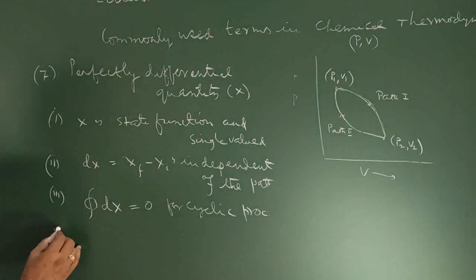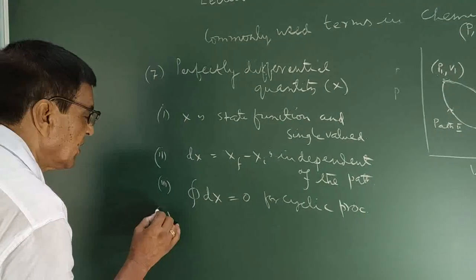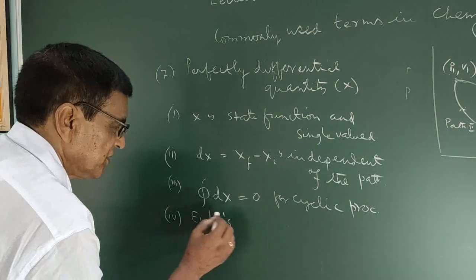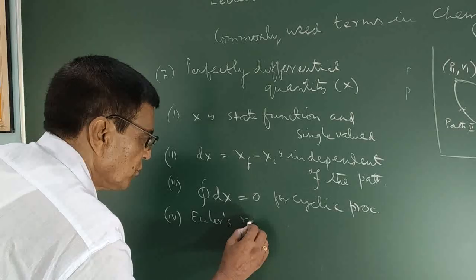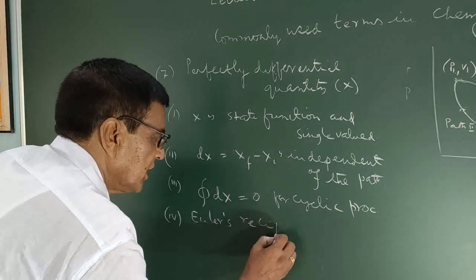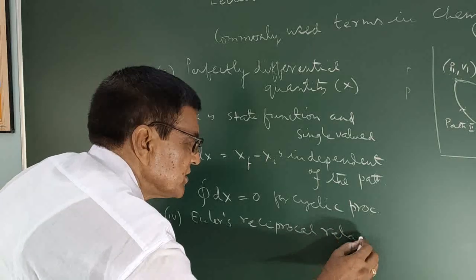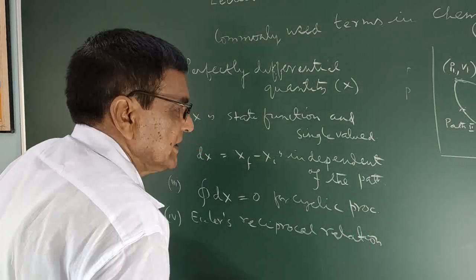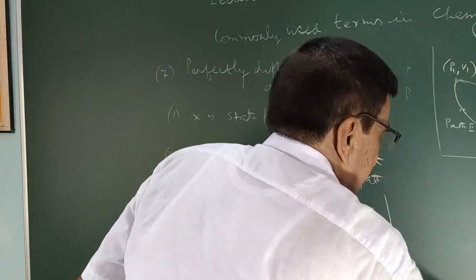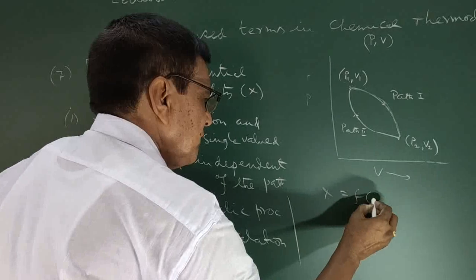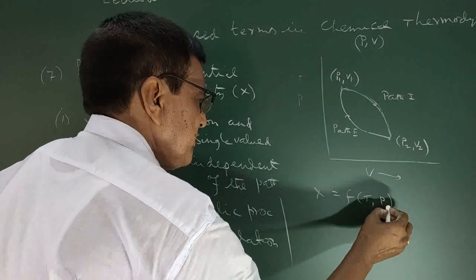And the fourth one, which is very important, Euler's theorem, the mathematician Euler's reciprocal relation. This relation is that suppose x is a function of temperature and pressure.